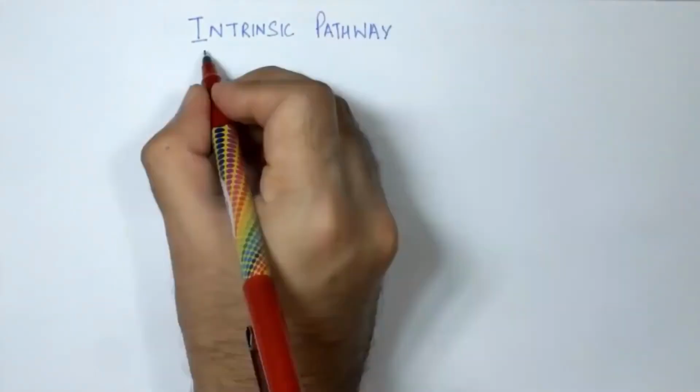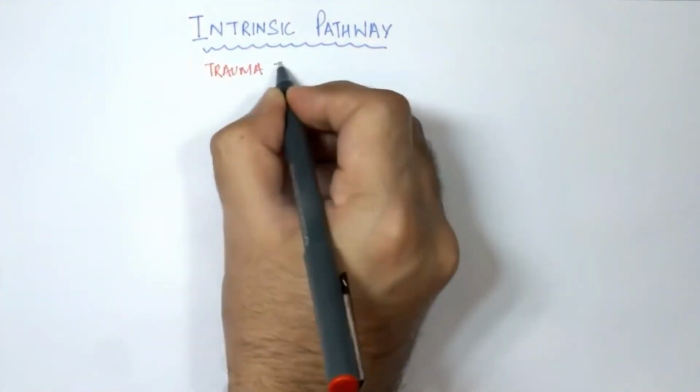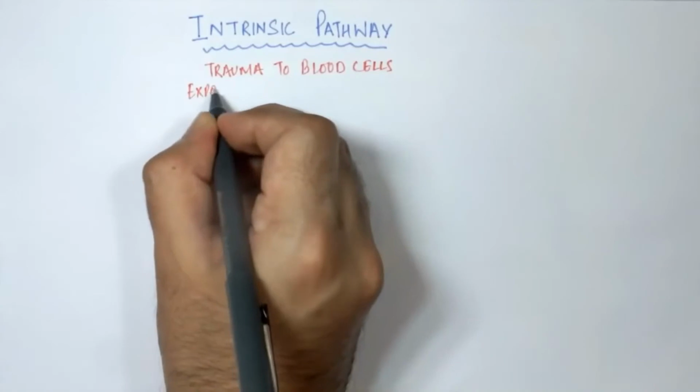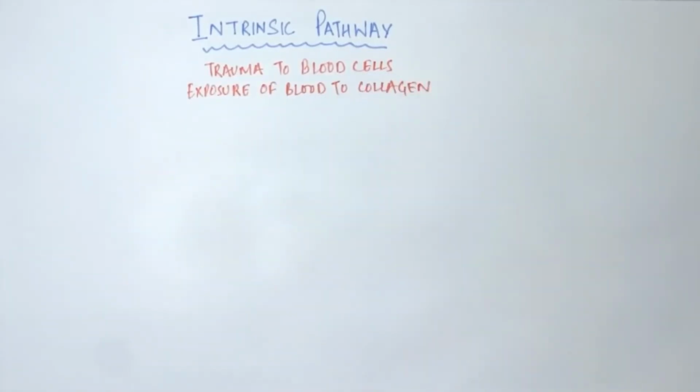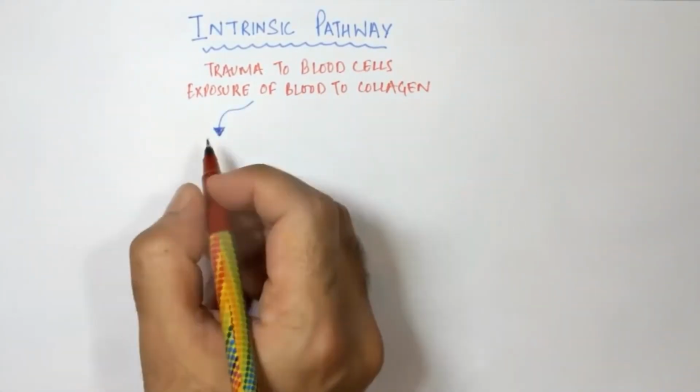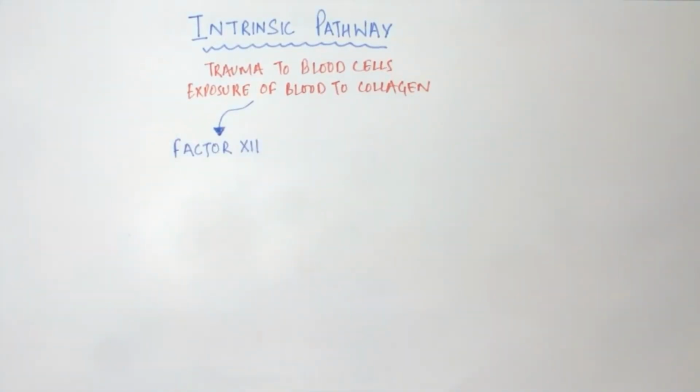Now let's talk about the intrinsic pathway. The intrinsic pathway begins with any factor which causes trauma to the blood cells directly or causes the exposure of the blood to collagen. This causes activation of factor number 12.